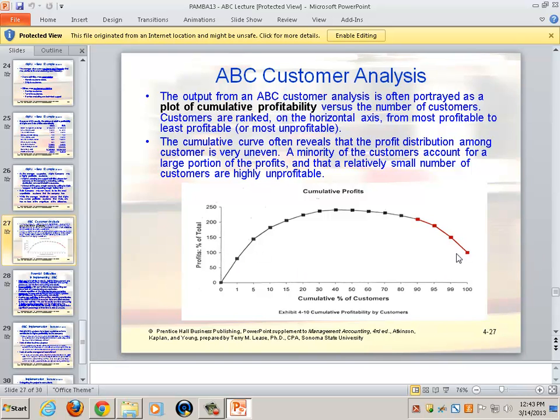You go to the customers that generate about and also 100% of your profits.